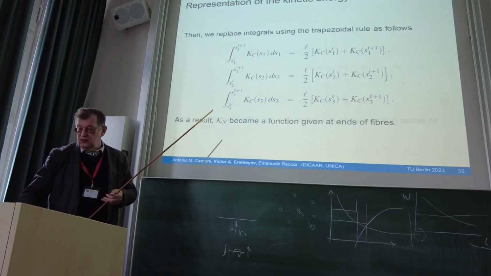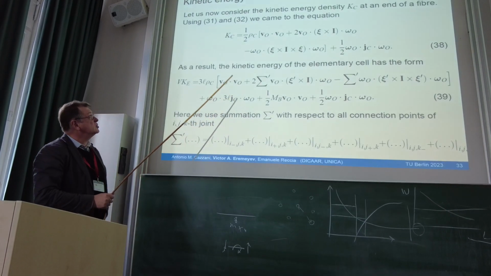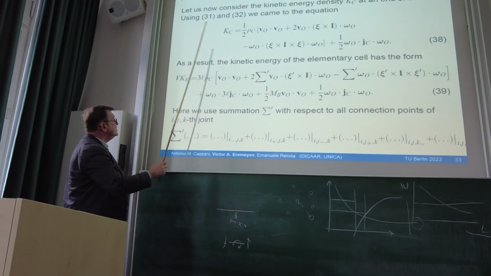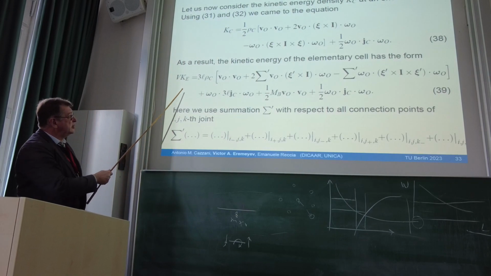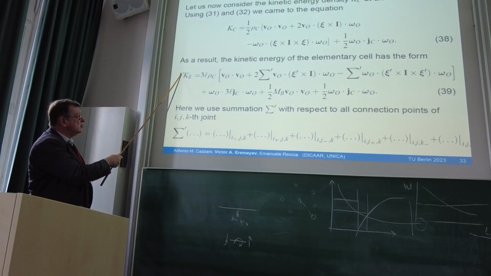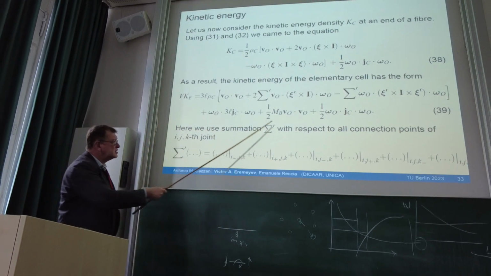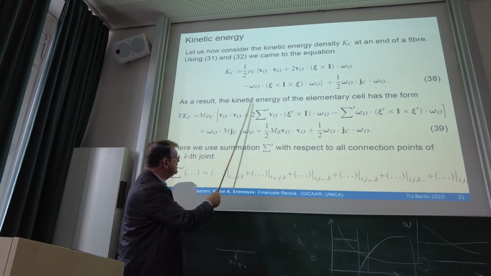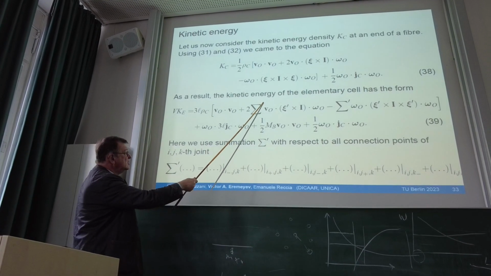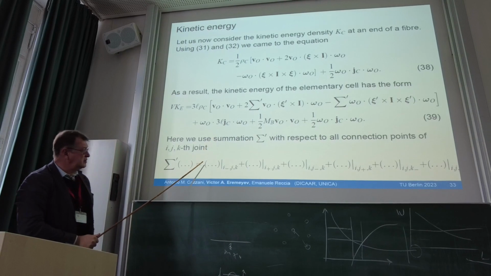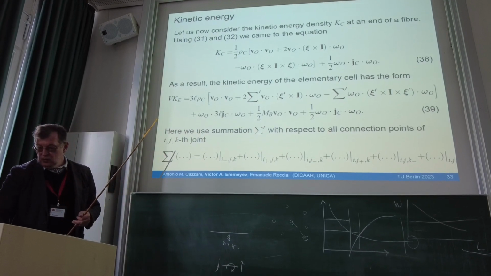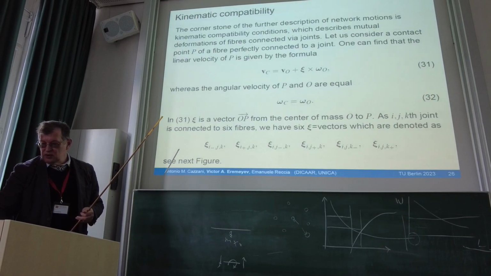Now, these are nice formulas, but for this case we should substitute this expression here, and we will get the effective kinetic energy. It looks like that. This is V, our volume element, everything is combined here. This summation relates to summation with respect to these neighbors, which was shown somewhere here.